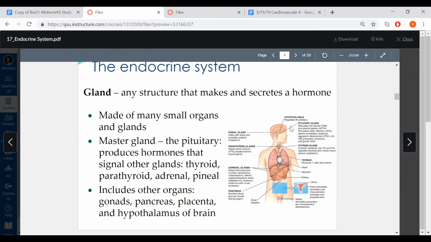I think the best way to memorize some of the glands is to find where they're at, because pineal, remember, your brain. So think of brain, so the gland is in there. And then the parathyroid is by your thyroid, so parathyroid glands are over there.